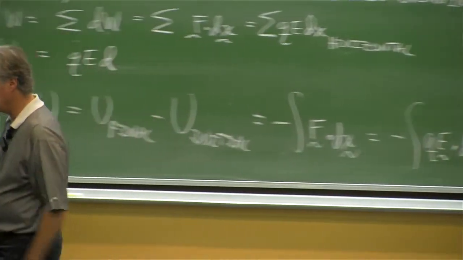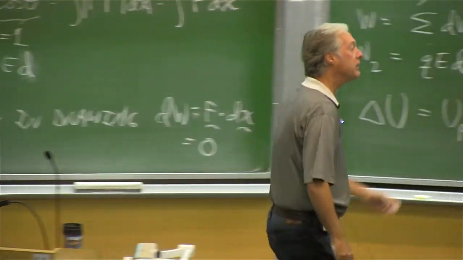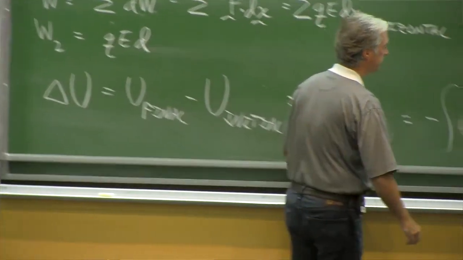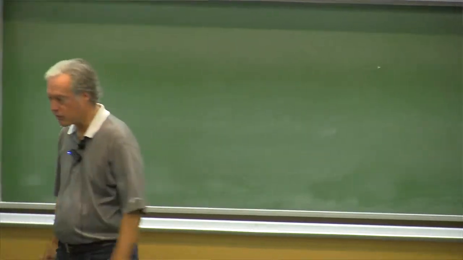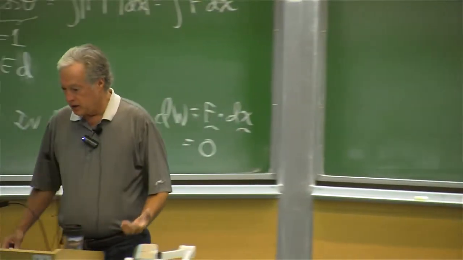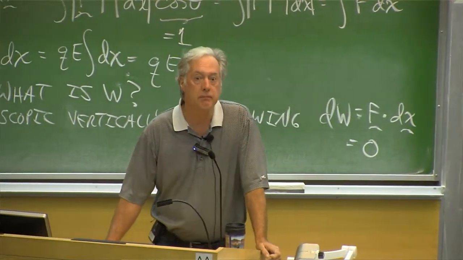Conceptually, we're following the same reasoning as we did for gravity, but now we've got our electric field that we're talking about. Change in potential energy is minus the work done by the field. Yes, question?